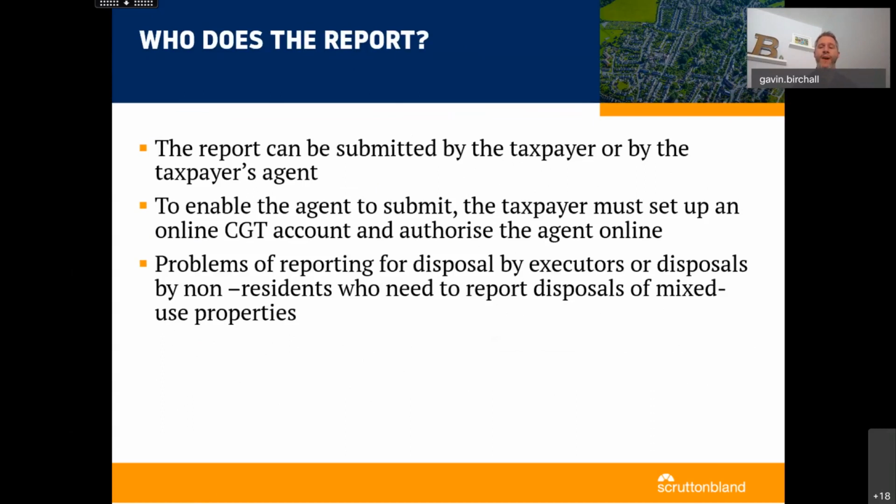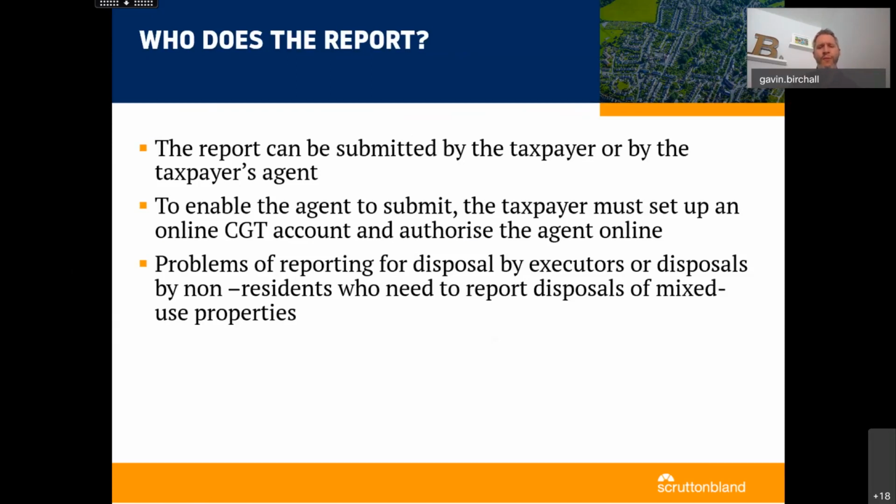Even though your agent may have a general authority to submit tax returns on your behalf, that won't be enough in this instance. You need to set this authority up to submit the 30-day reporting as a separate specific thing, which you should be able to do through the online capital gains tax account.